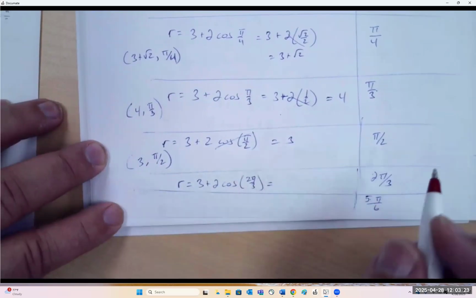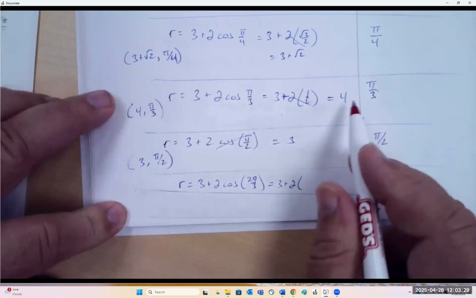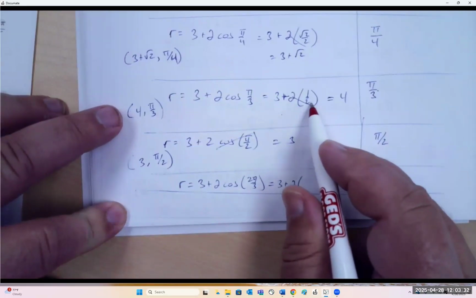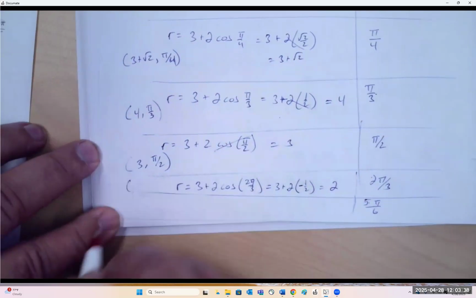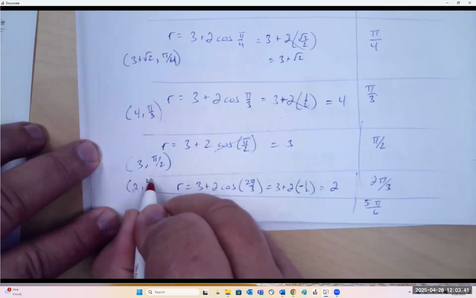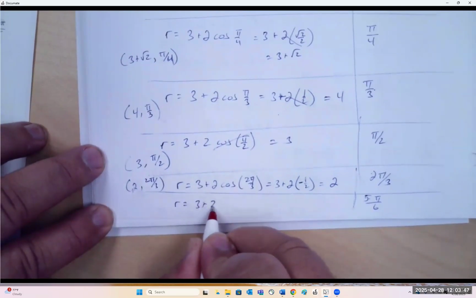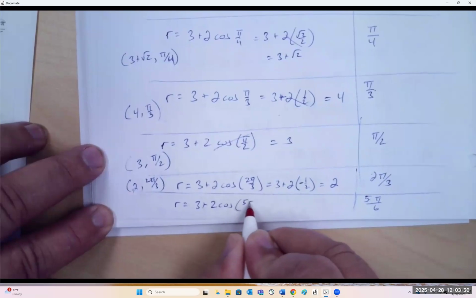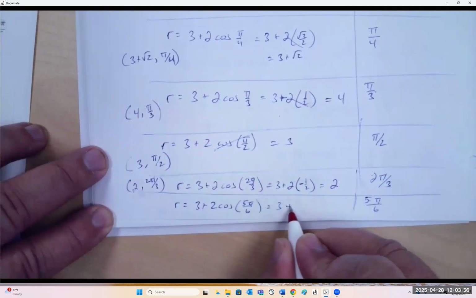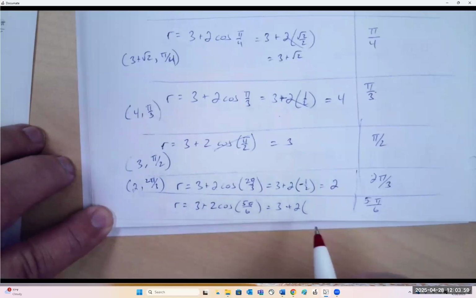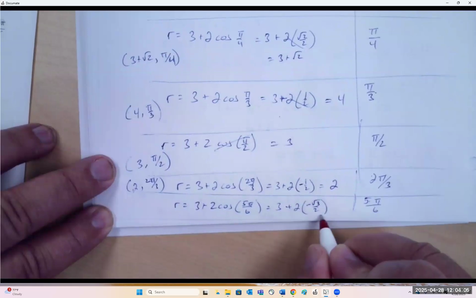Pi over 3, cosine is negative 1/2, so that makes it 2. 2 pi over 3. 3 plus 2 cosine 5 pi over 6. 5 pi over 6 is negative radical 3 over 2, so it's in the second quadrant.